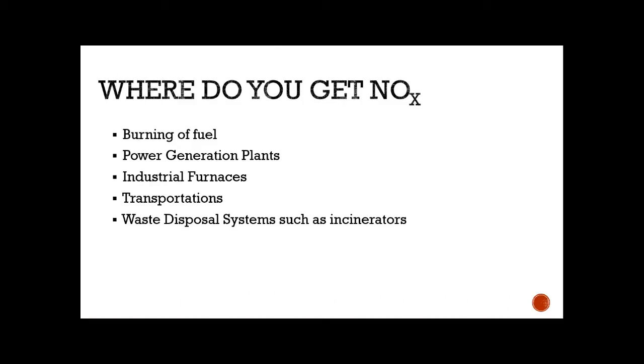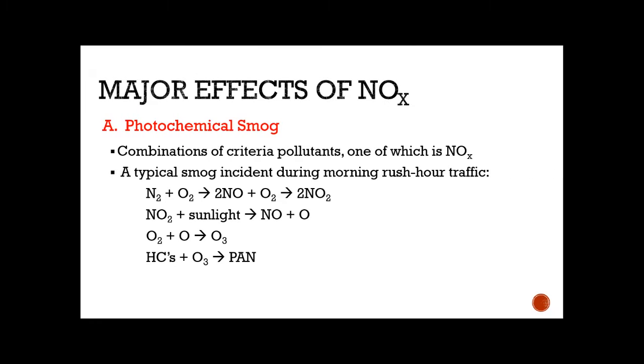Now, where do you get NOx? Aside from the burning of fuel, you have it also from power generation plants, industrial furnaces, transportation, and even waste disposal systems such as incinerators. Now, what are the effects of NOx? One of the major effects of NOx would be photochemical smog.